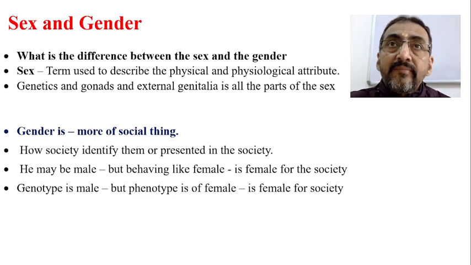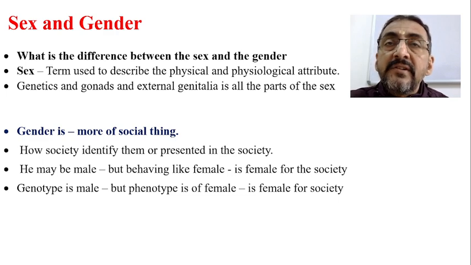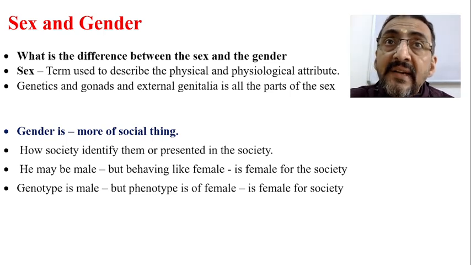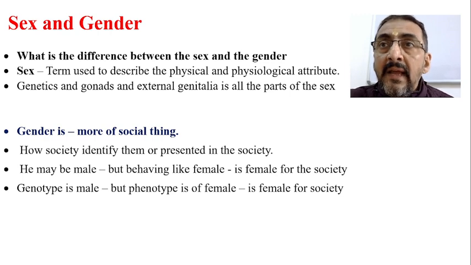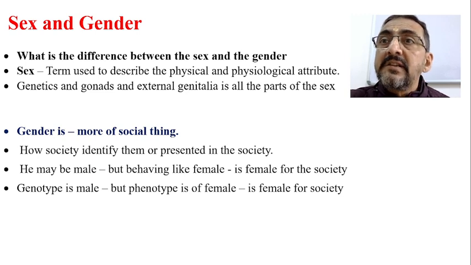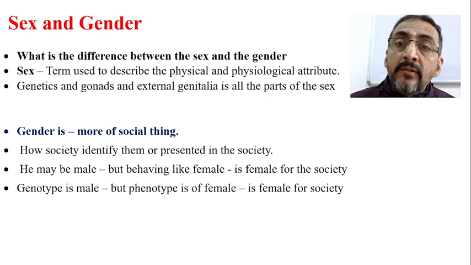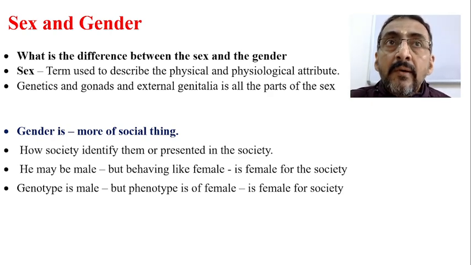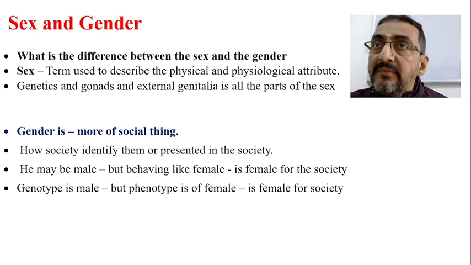For example, a person may have the external genital organs of a female, but how he presents himself in society, he may not show any deviation from being a male. Suppose he is actually male but has external genitalia of a female. In spite of that, how he presents himself in society is actually gender. Although he has female sexual organs, he may present himself as male.